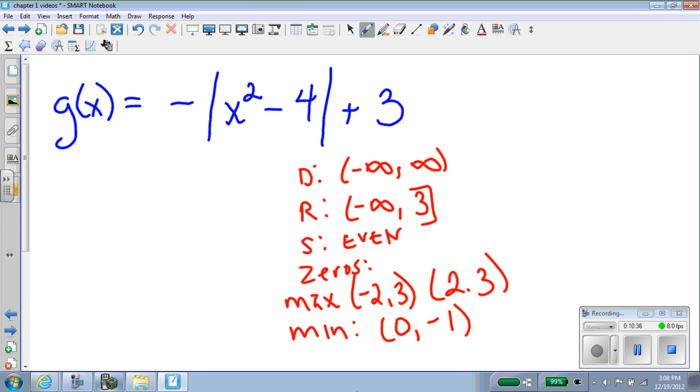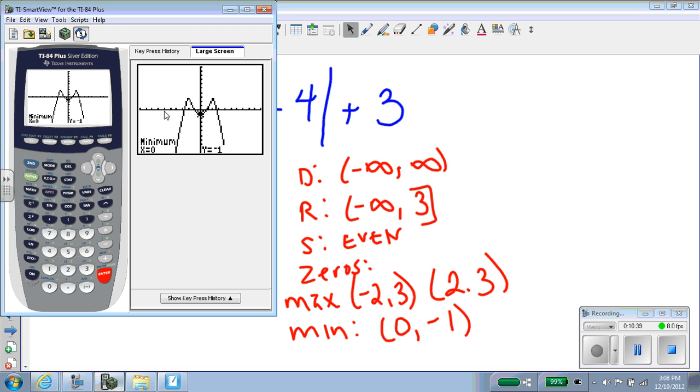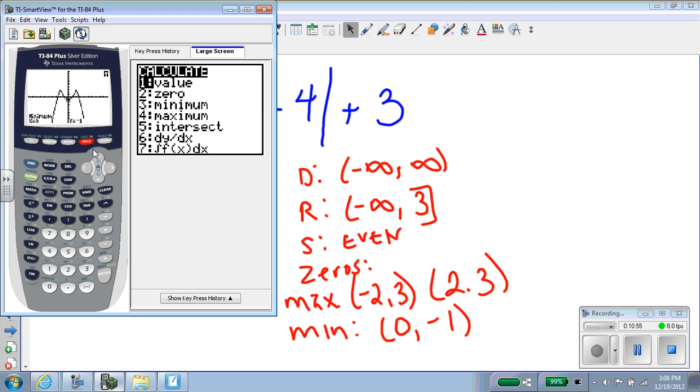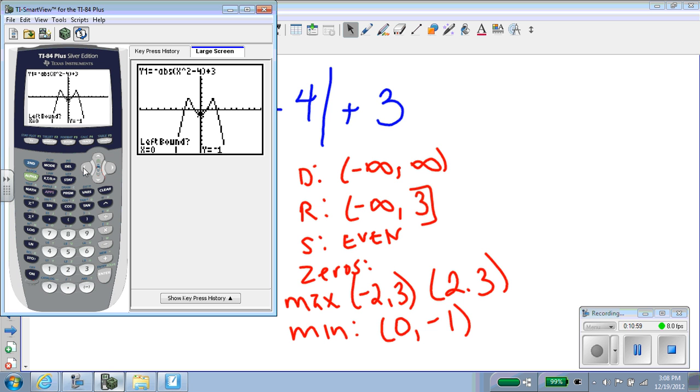My zeros, there are 1, 2, 3, 4 of them, but would you agree if I found this one? This is the opposite x, but the same 0 for y, and this I could find. So I only really have to find 2 to know all 4. So second, calculate a 0. I'm going to go all the way left.